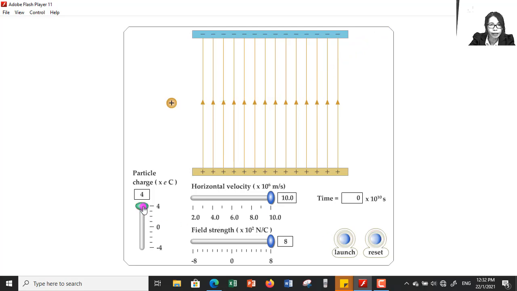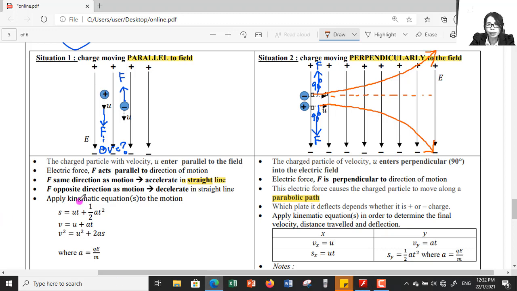Teacher reset, kita tukar jadi charge negatif pula. Kita perhatikan pergerakan dia. Bila dia masuk dalam electric field, dia akan deflect ke bawah. Kenapa dia deflect ke bawah? Sebab dia akan attract ke plate positif. Alright. So this is what I refer to in this statement lah: which plate it depends on whether it's a positive charge or a negative charge.